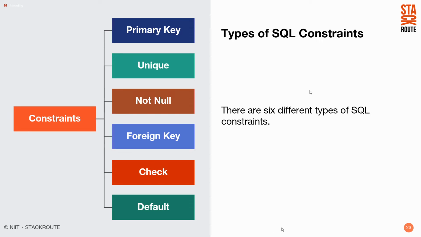Unique might be null, but primary key will not be null. So primary key should be unique and not null, whereas unique will be unique, but it accepts null. That is the only difference. So unique will accept null, whereas primary will not accept null.